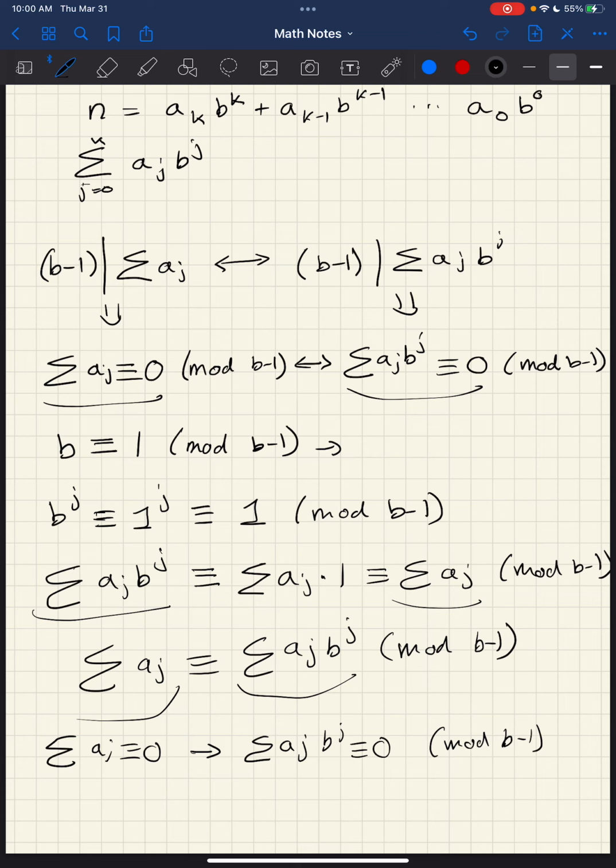And we can also see that the opposite applies, that if the number is congruent to 0, then the sum of the digits is congruent to 0 too.